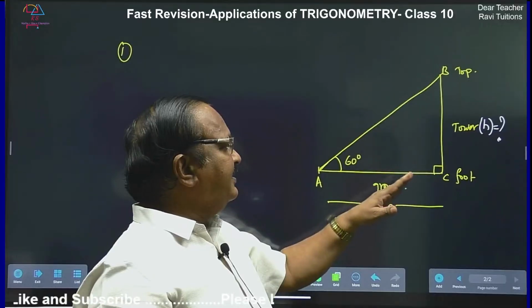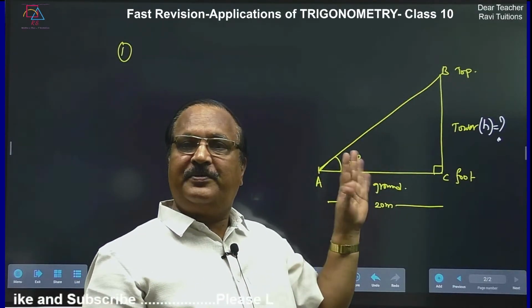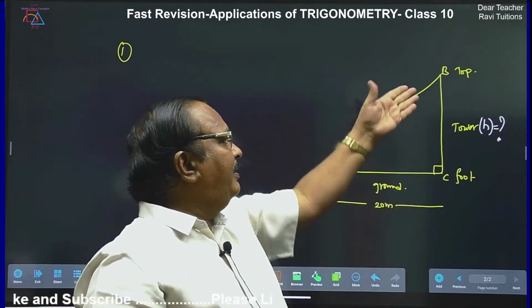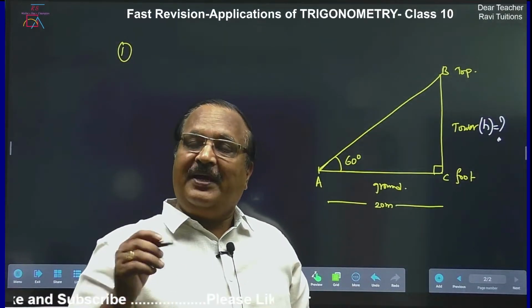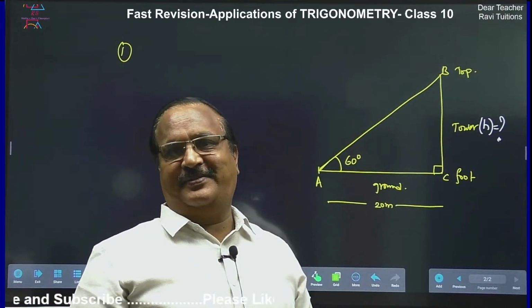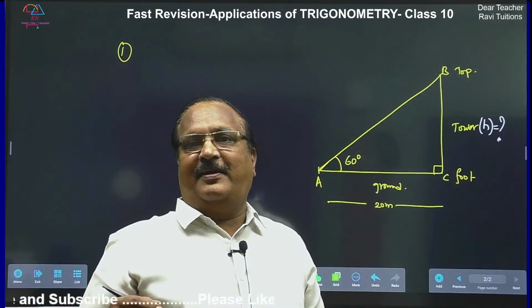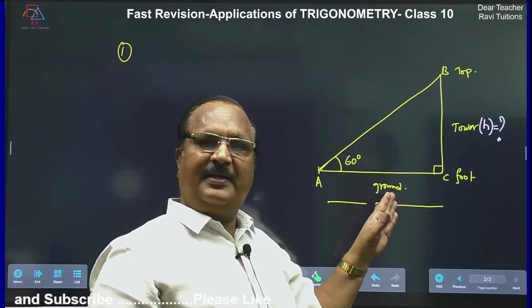So in this there is no need of hypotenuse. Hypotenuse is not needed, because in this question there is no importance of hypotenuse. So we have to find out the ratio which is not having hypotenuse. Because hypotenuse is not there, we have only opposite side and adjacent side.